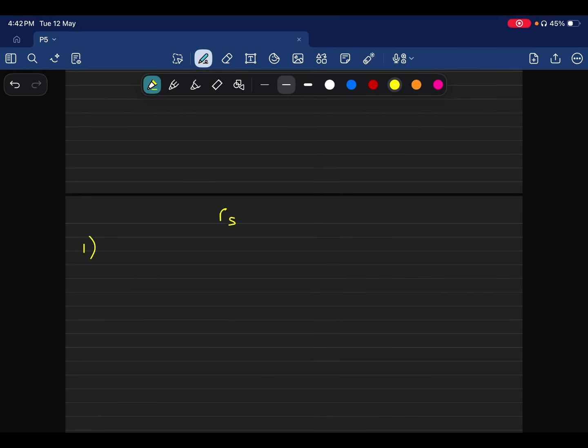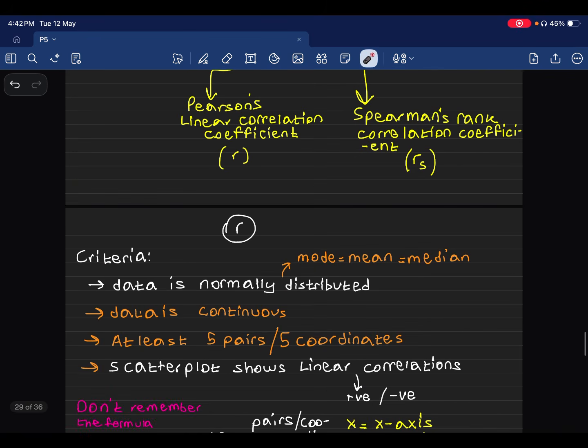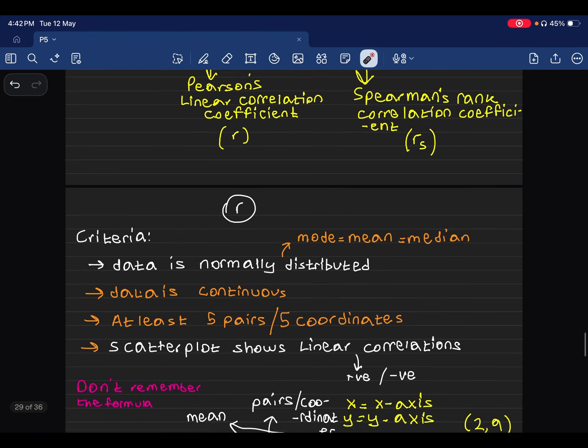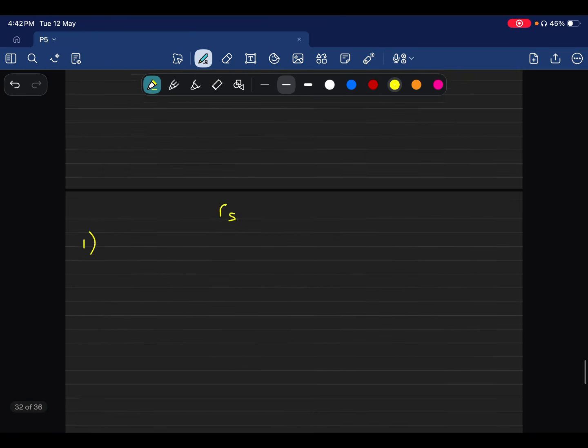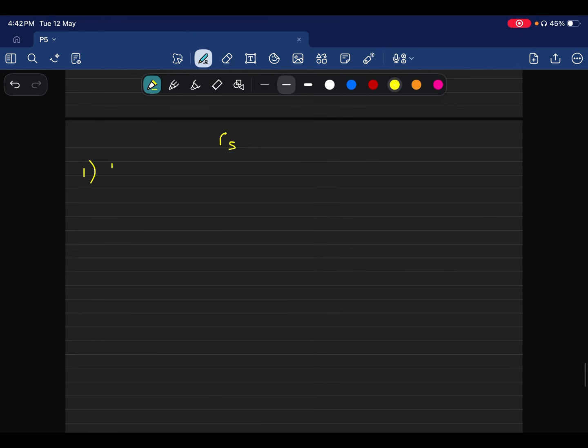Think about it, right? If the data is normally distributed, what do you use? Pearson's correlation. What if the data is not normally distributed? Then you use Spearman's. So the criteria here is that the data is not normally distributed.